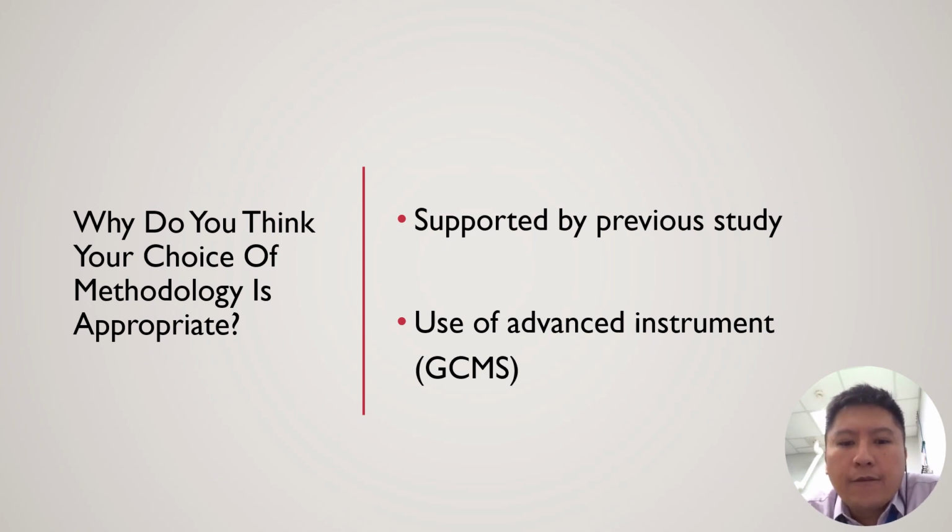These methods are found to be appropriate because they are supported by many previous studies done earlier. Furthermore, advanced instruments including the GCMS will be used for these studies, which will provide good specificity and sensitivity for the analytes.